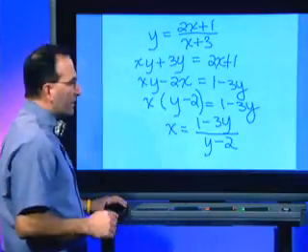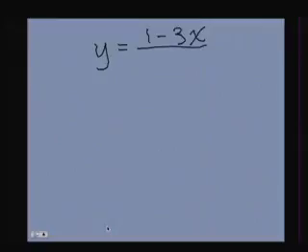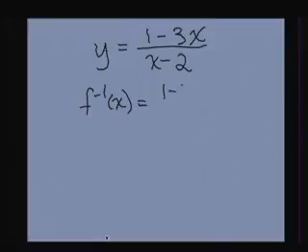And my next step is to replace the x with y and the y with x, so that we get the function y = (1 - 3x)/(x - 2). And that's my inverse function. f inverse of x would be equal to (1 - 3x)/(x - 2).